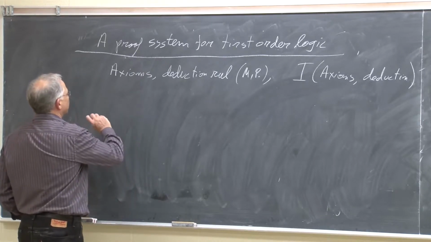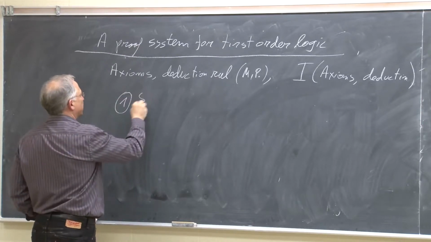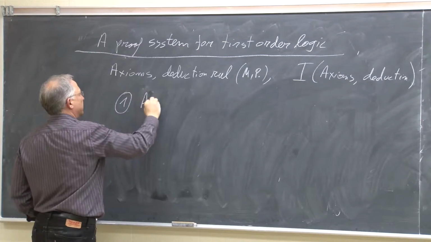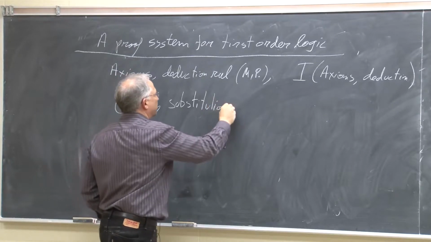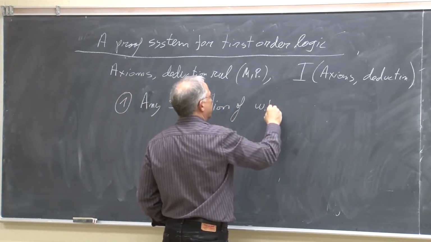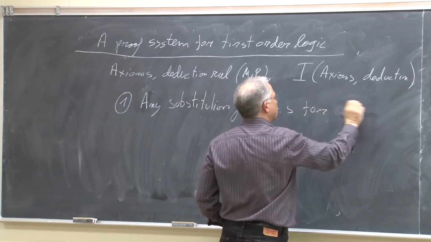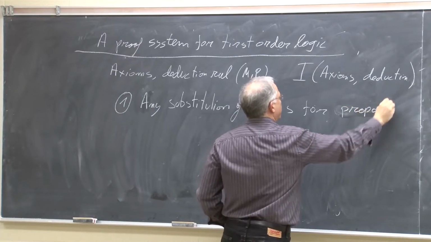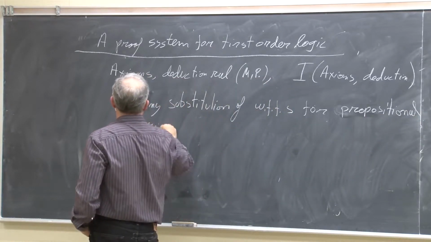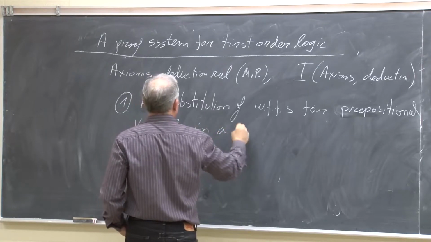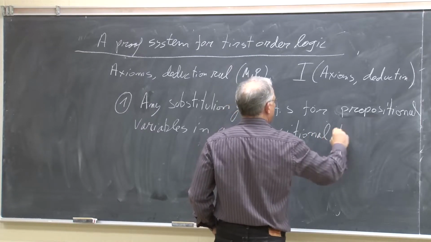So the first type will be any substitution of WFFs for propositional variables in a propositional tautology.